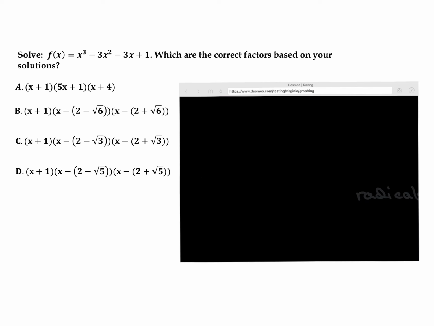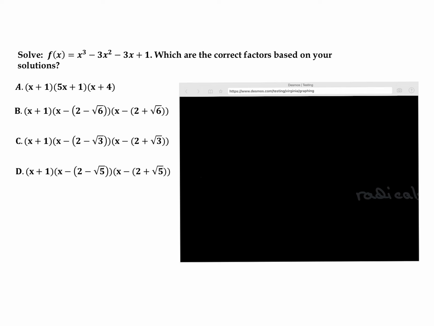So we are going to type in 2 minus the square root of 6. And when I do that, I get negative 0.4498. And that was not one of my decimals. So that radical does not work.